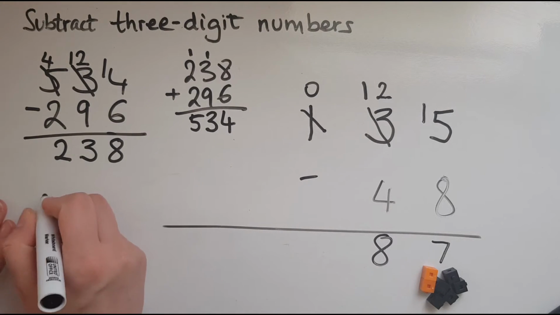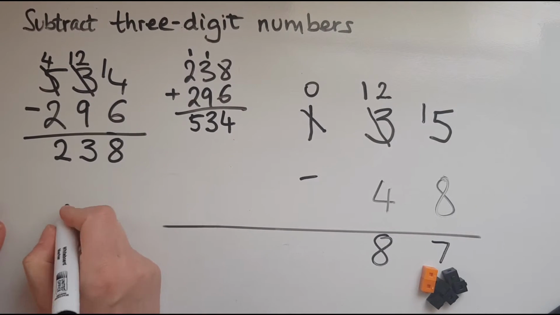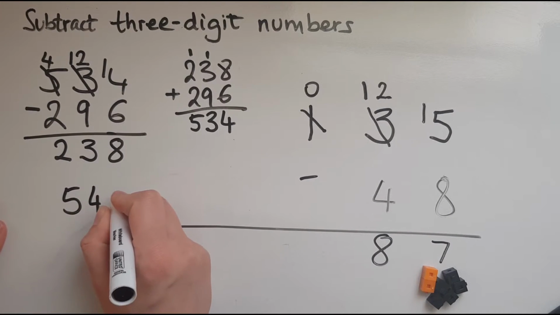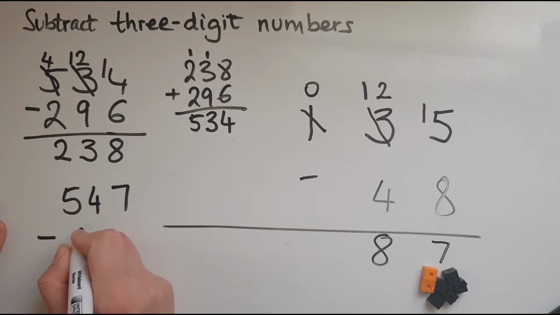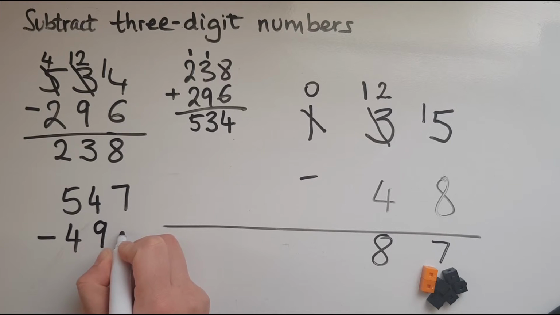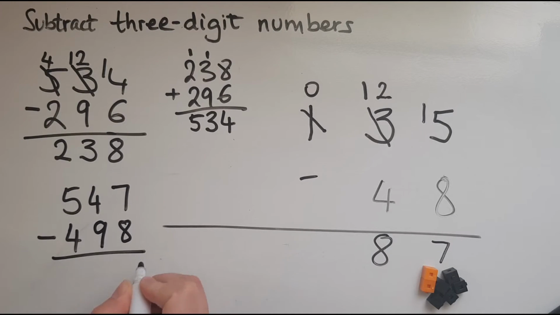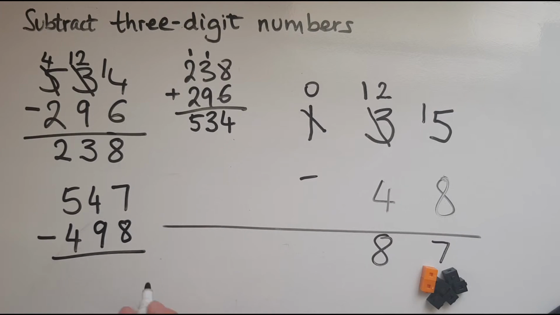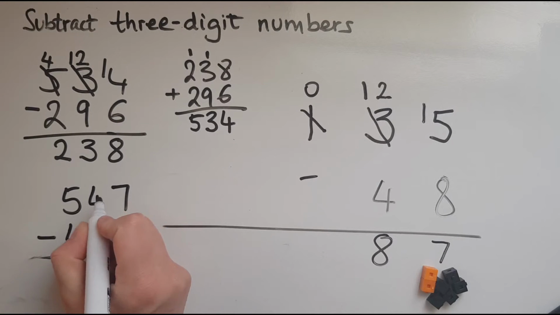So we'll do 547 take away 498. So again, need to take away 8 from the 7, which we can't do without going to negative numbers.